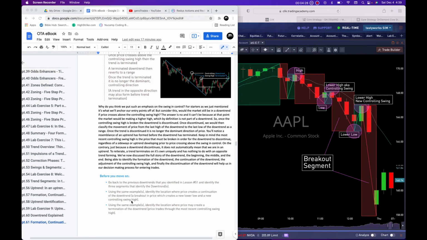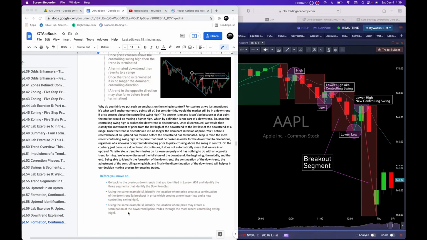We've now discussed the full story of the downtrend: the beginning, the middle, and the end. Being able to identify the formation of the downtrend, the continuation of the downtrend, the adjustment of the controlling swing high, and finally the discontinuation of the downtrend will help us in our decision-making process for entering trades.